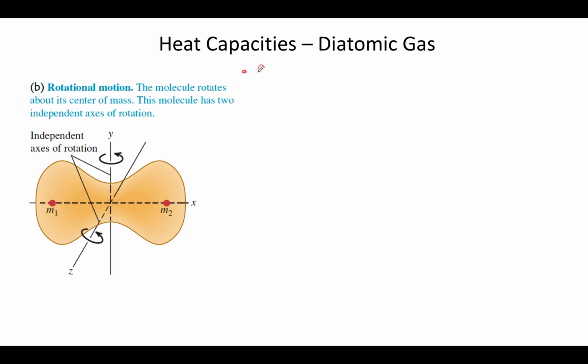So can translate, right? So there's 3 degrees of freedom. But now we have rotate. The rotation about the x-axis here, on which the molecules lie, you can't excite it. They're really, on the atomic level, you can't even distinguish that it could be rotating like that.